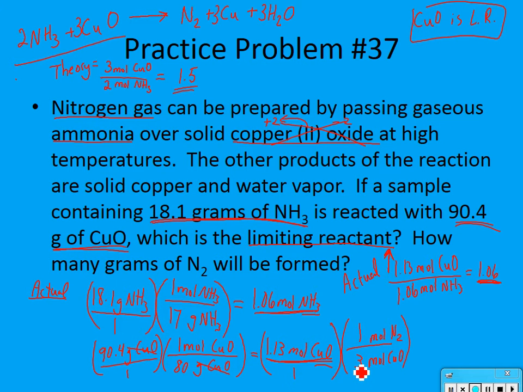Okay. Now I'm at moles of nitrogen, but it wanted grams of nitrogen. So we're going to take it one step farther. In 1 mole of N2, how many grams of N2 are there? Well, nitrogen on the periodic table is 14, but I got 2 of them, so that's what? 28 grams.